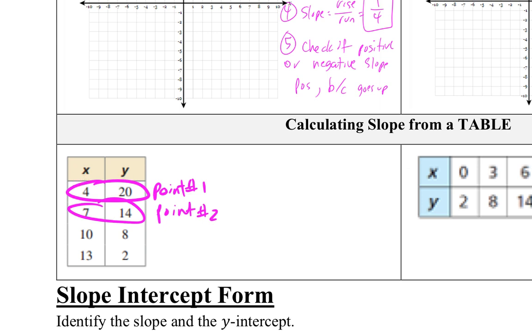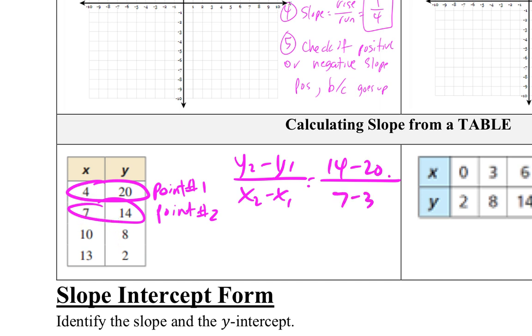Remember, it's y2 minus y1 over x2 minus x1. So y2 is 14 minus 20, over 7 minus 3. If we put that into our calculator, that will come out to negative 2.